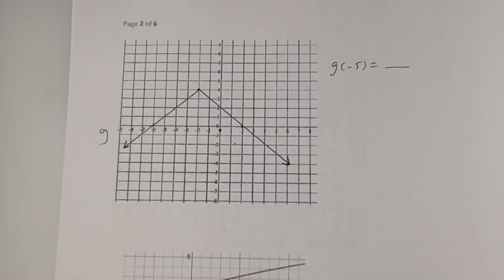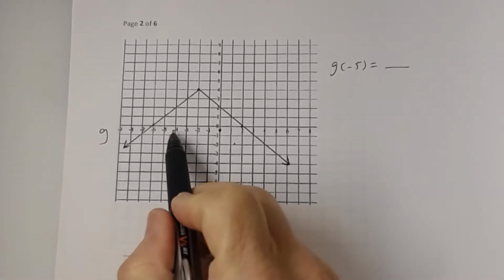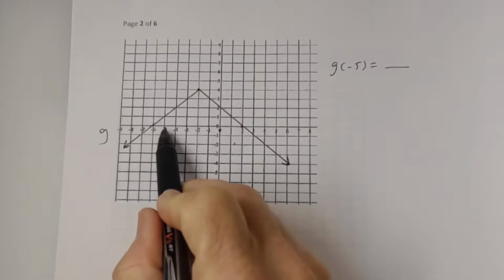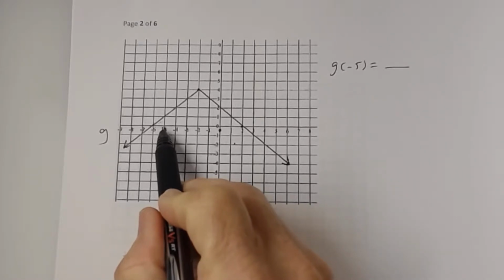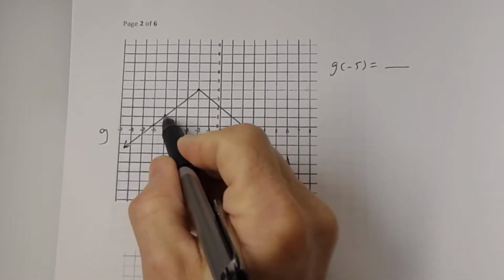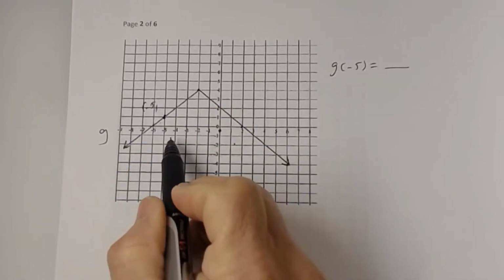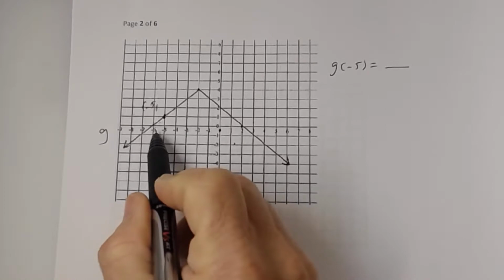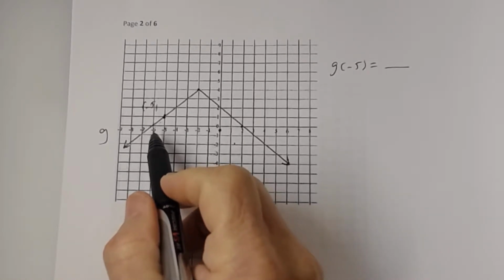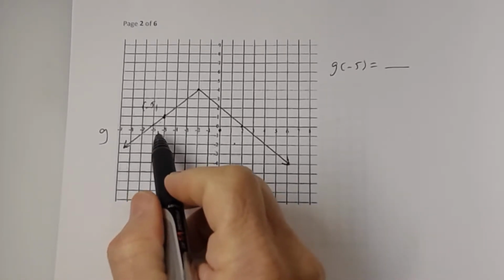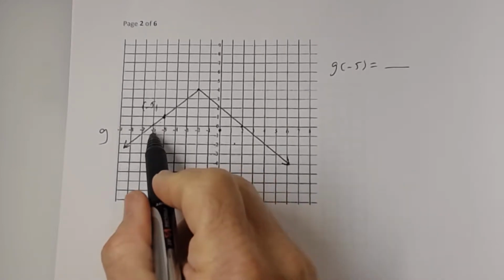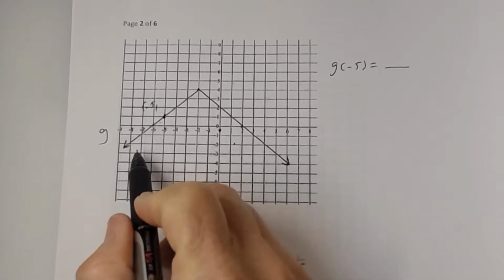So when x is negative 5, I locate negative 5 on the x-axis. Y'all agree that's this right here? The point associated with it is this point right here. It kind of looks like these numbers on the x-axis are not showing very well, but this is -5, this is -6, and this is -7.